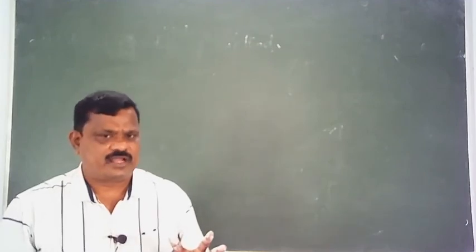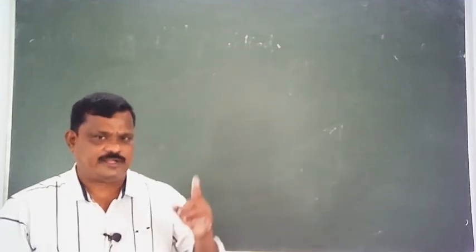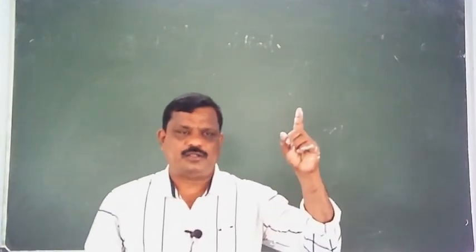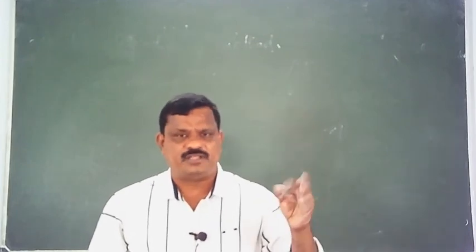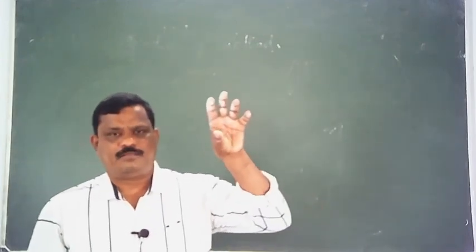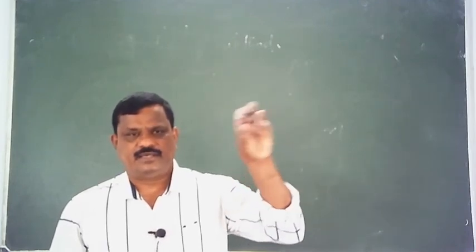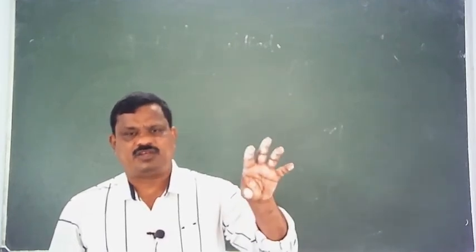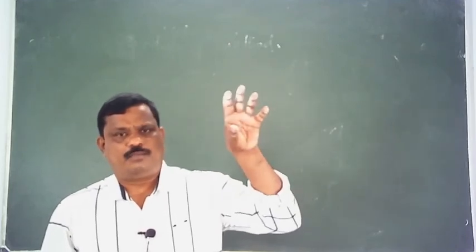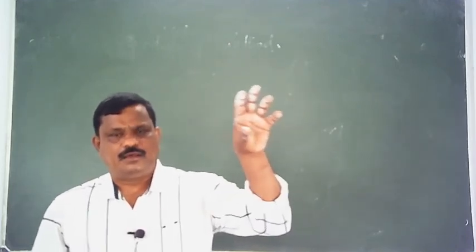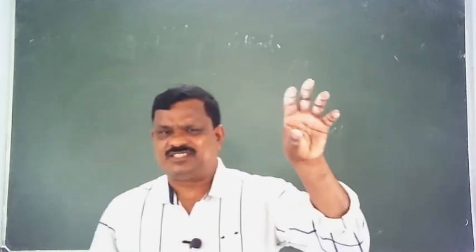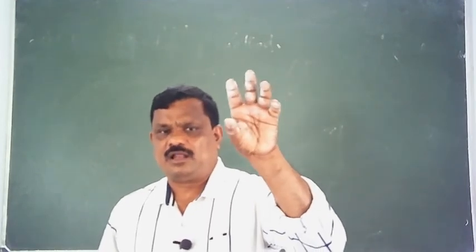I think it is very clear to you. Let me recollect once again. For alcohols, we studied three sub methods. Using halogen acids, HX: HCl, HBr, HI. Alcohol plus HCl in the presence of anhydrous zinc chloride gives alkyl chloride.